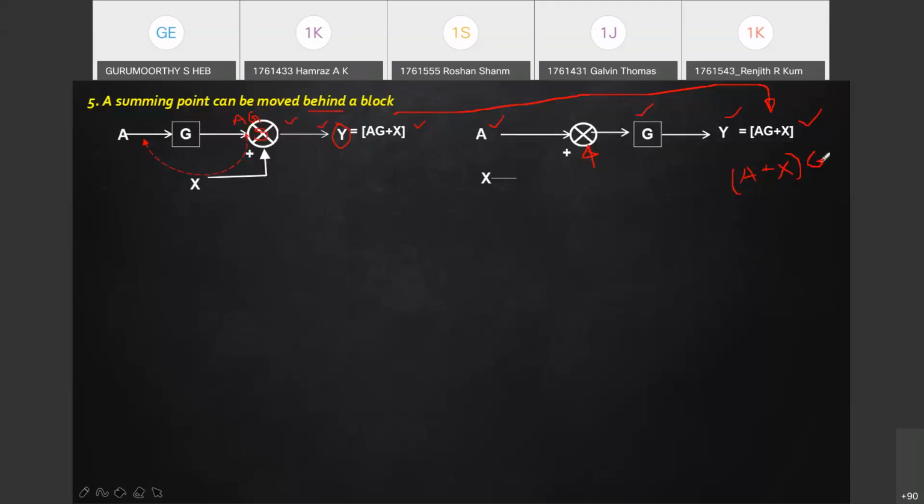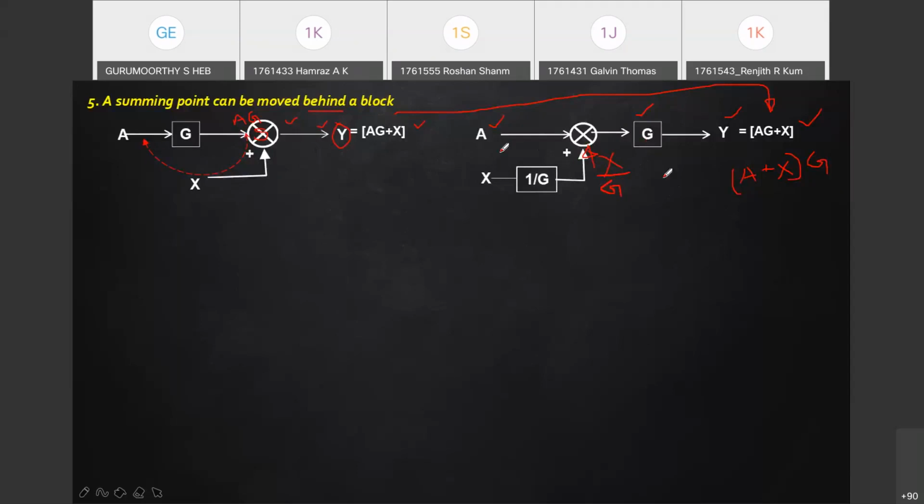The modification: can you just have X here? No, because we want AG plus X. So here, 1 by G, X by G: instead of X, you have to take the reciprocal of G and multiply it with X. If you bring it before a block, behind a block, that is because of this reason.